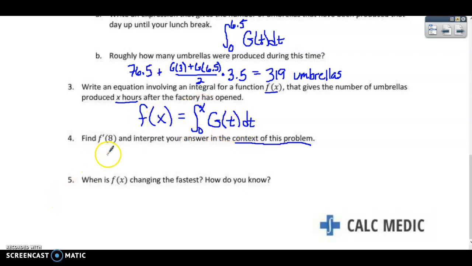Well, f prime of 8 is really just g of 8. And well, g of 8, that's 20 times 8 minus 8 squared. And what is that? Well, that's 96 umbrellas.